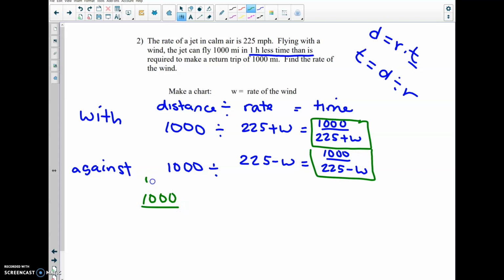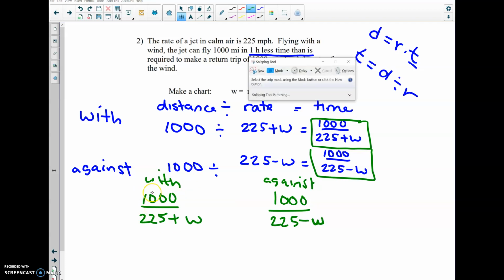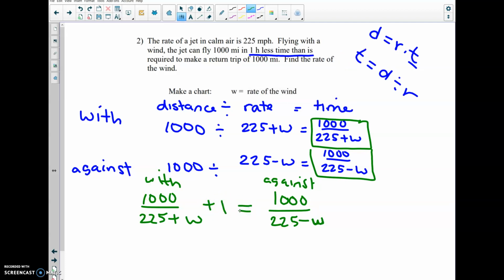So with the wind and against the wind, if it takes 1 hour less time with the wind, so if it takes with the wind 5 hours, then against the wind it would take 6. So we have to add the 1 hour that's extra for with the wind so that they would be equal. You could have also done against the wind and subtract 1.